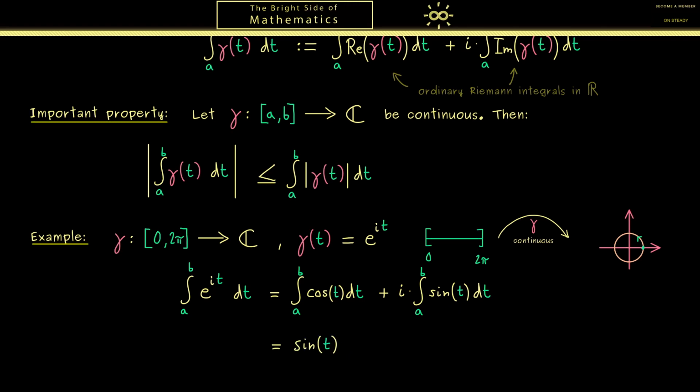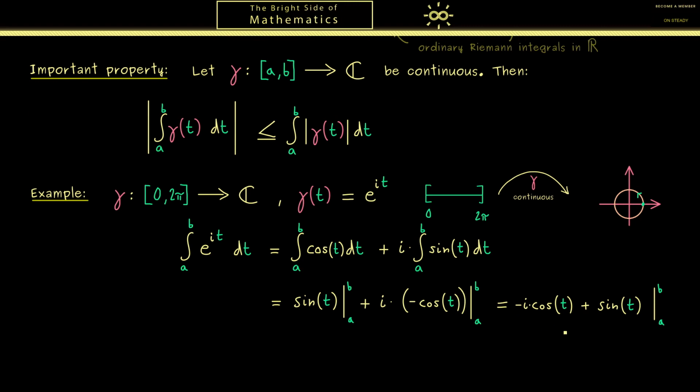The first one is simply sine of t in the boundaries of b and a. And the second one is minus cosine of t with the same limits. And for this reason, we are able to simplify this and write it as one function. Namely, we could write minus i cosine in front plus sine of t. And then you should see it should be possible to factor out the minus 1 here.